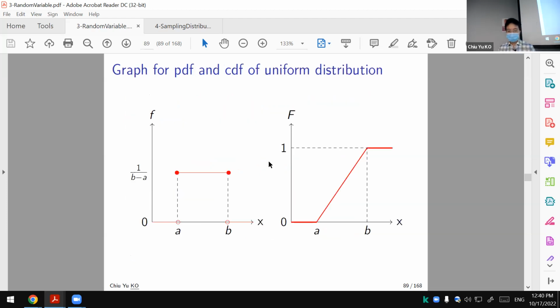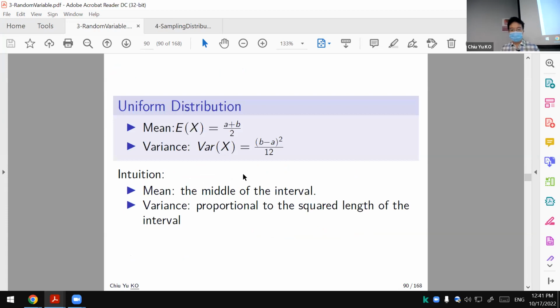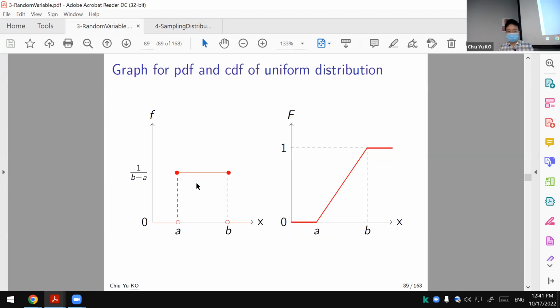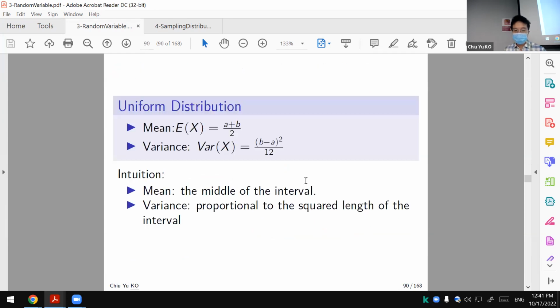Okay, so this is what the small f and big F look like, because it's uniform between these two points. So the area under this f curve will give you probability, right? I'm not going to repeat how the small f and big F are able to show this. And here are the mean and the variance, and that is not surprising because it's uniform between A and B, so the mean must be in the middle of the interval, right?